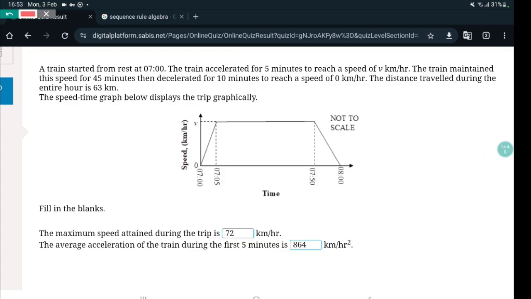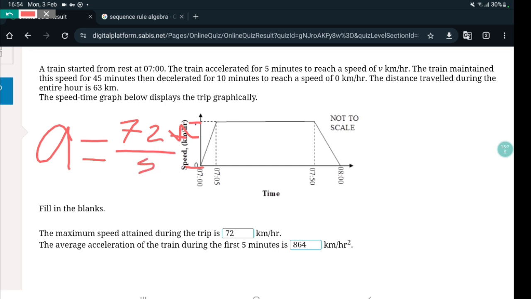So it's going to be delta V, meaning final minus initial. So acceleration is going to be V, which is 72, minus the initial velocity, which is 0, so just cross out, over delta T, which is 7 hours and 5 minutes minus 7 hours, you're going to be left with 5 minutes.